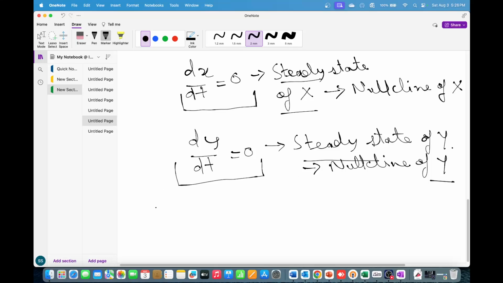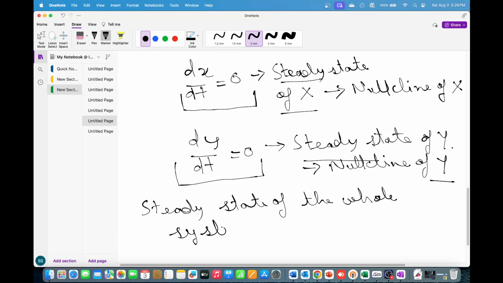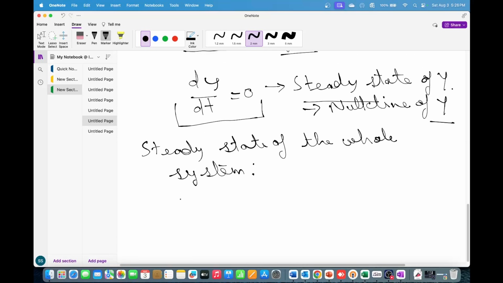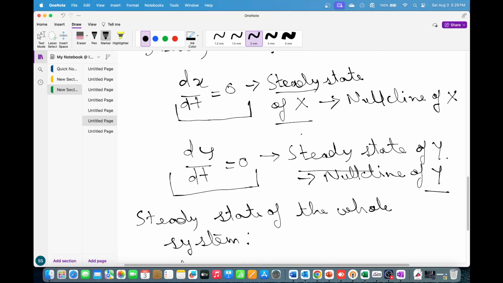Now you can imagine how the steady state of the system will be given. So the steady state of the whole system, which includes both x and y, is very intuitive. It's basically the points at which both x and y have steady states, right? So now recall, when x has the steady state, it's called the nullcline of x.